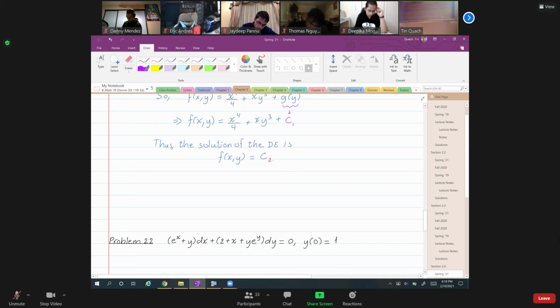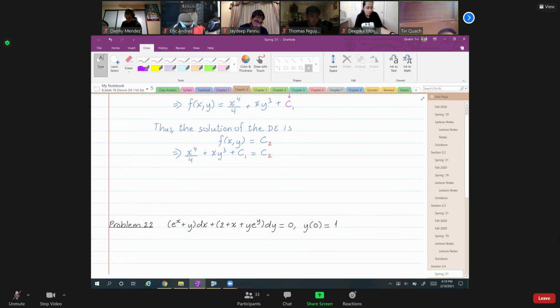So you know that when you solve an exact equation, the solution has to be the function f equals a constant. And then you know that the function f on the left-hand side is x to the 4th over 4 plus xy cubed plus C sub 1, equals, and then on the right you have C sub 2.